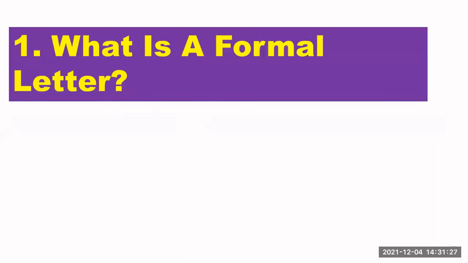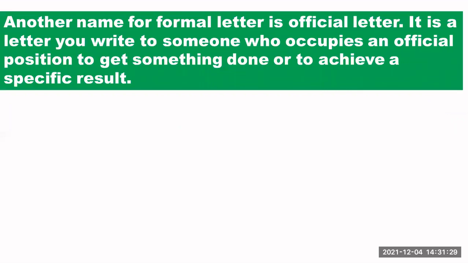Now, what is a formal letter? Another name for formal letter is official letter. It is a kind of letter you write to someone who occupies an official position. And the purpose is usually to get something done or to achieve a specific result.